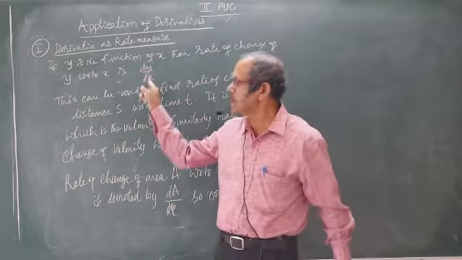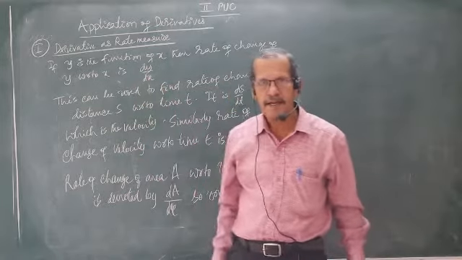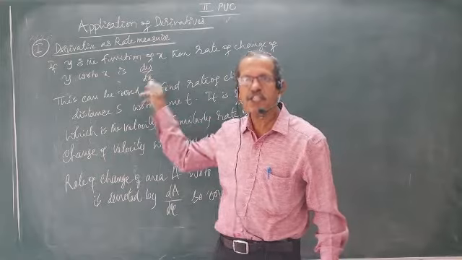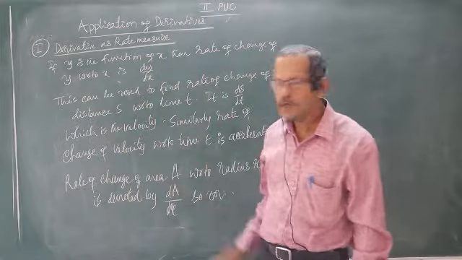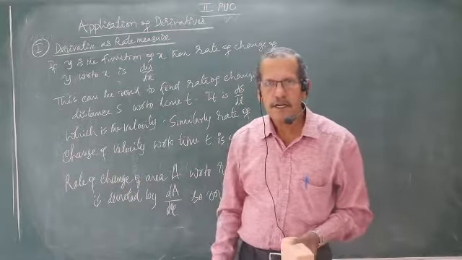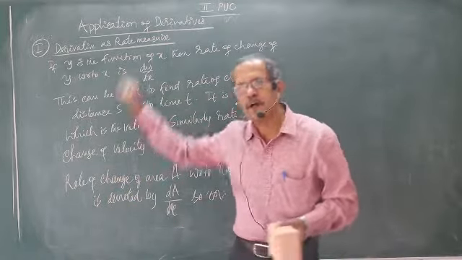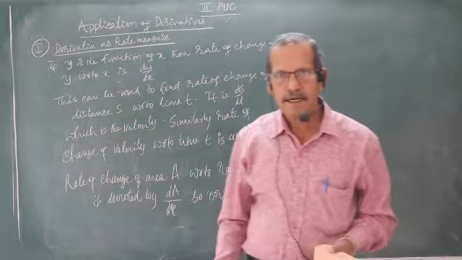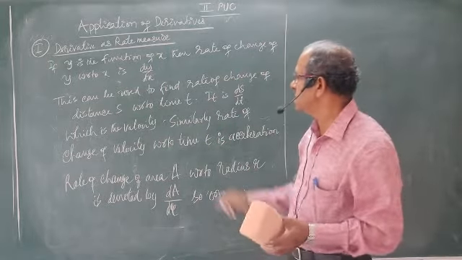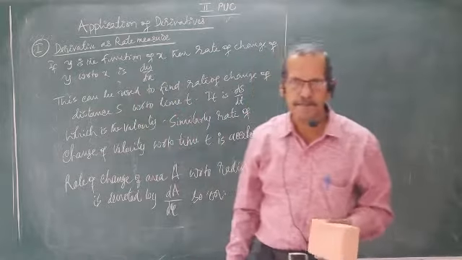If it is s and t, ds by dt. If y is area and x is radius, dA by dr. In total, it is the rate of change of area with respect to radius. So this term can be used in all the particular subjects in which this rate of change comes, remember.